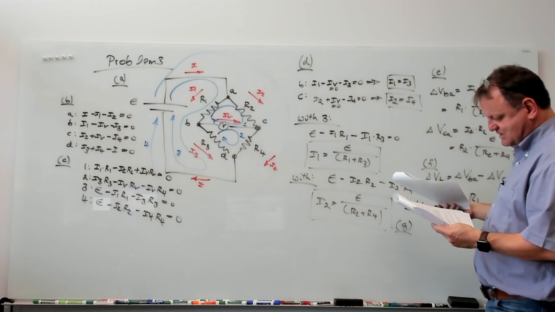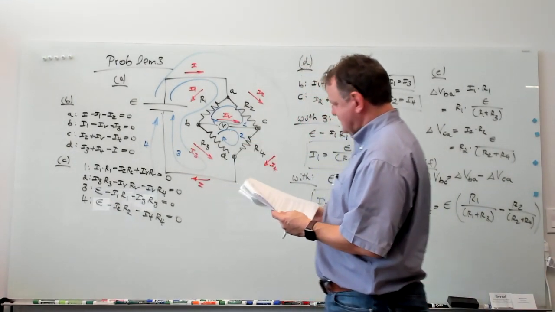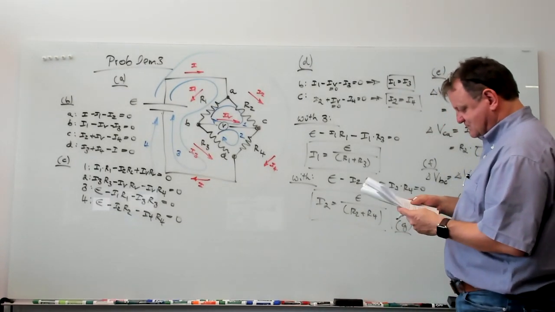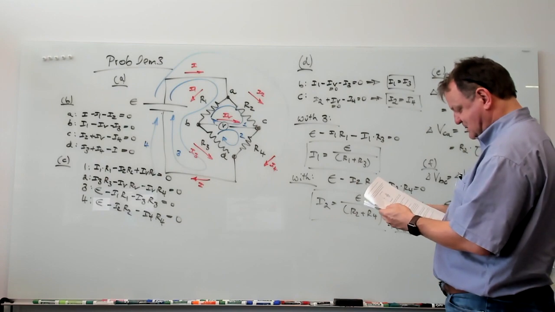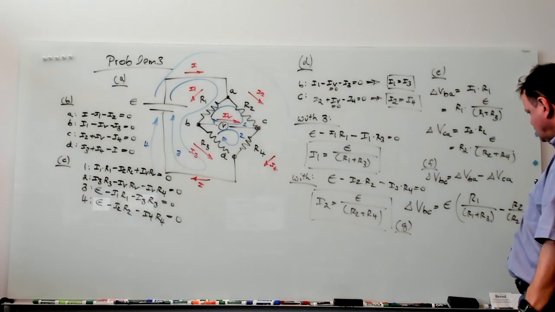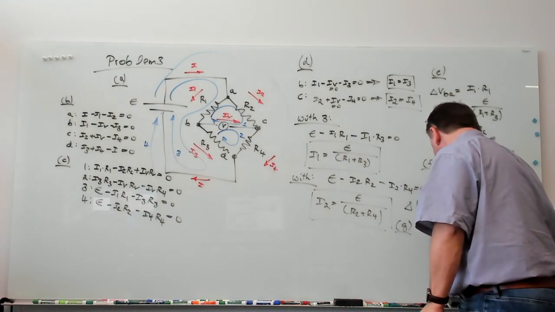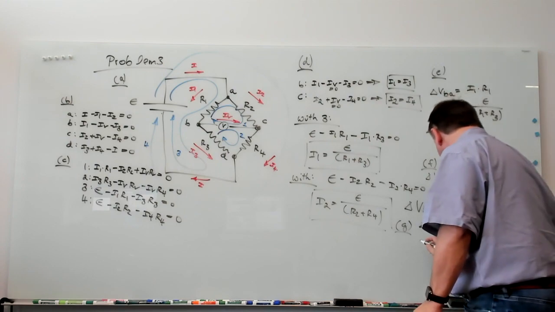show that for vanishing voltage reading. So now if that voltage reading in that voltmeter is 0, the resistors R1, 2, 3, and 4 have to fulfill the following relation, that R1 over R2 equals R3 over R4. So you set this whole expression equal to 0. So delta VBC equals 0. Then what do we have?